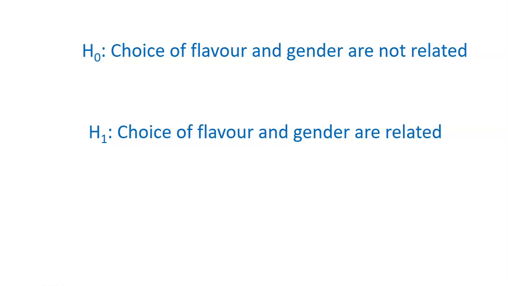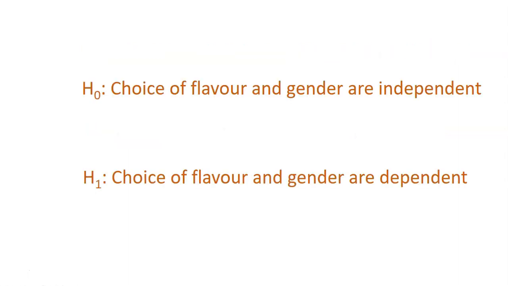If you write this, we write the alternative hypothesis as: choice of flavor and gender are related. We talked about that in the last videos. If we write the null hypothesis as choice of flavor and gender are independent, then we'll have to write choice of flavor and gender are dependent as the alternative hypothesis.